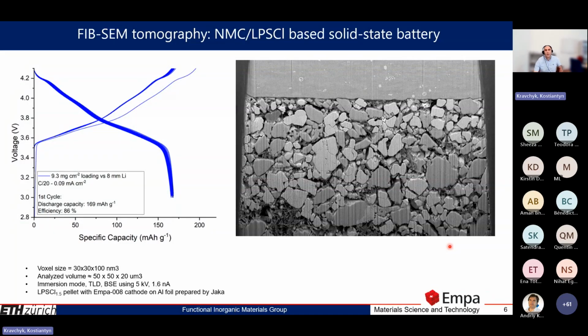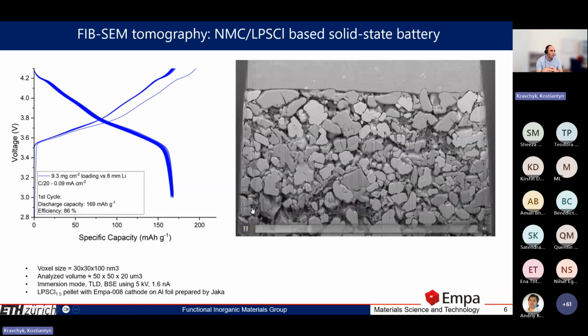And on the right side here, you see basically one cross-sectional X-ray tomography image of an NMC LPSCL cathode, which was cycled. And you see the electrochemical performance of these sulfide-based cathodes on the left side. And so let me just try to play this video.